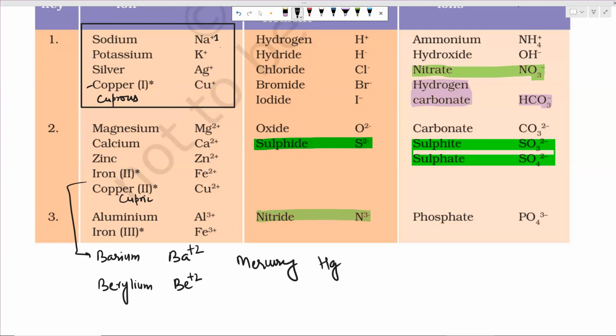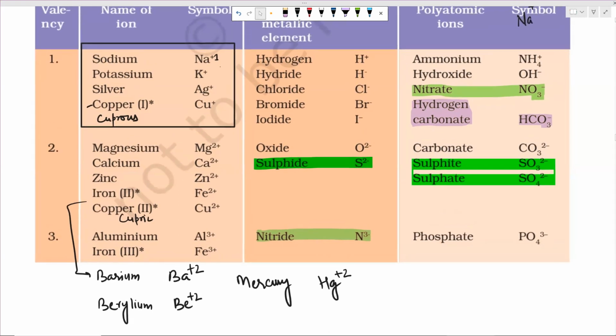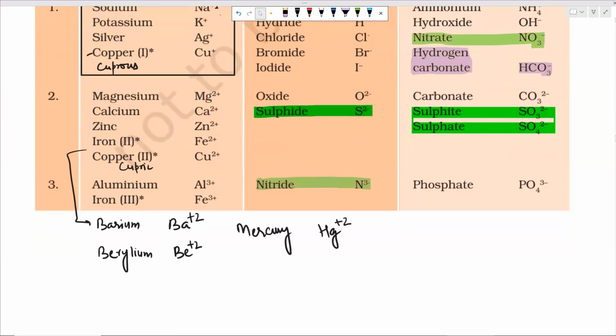Mercury is Hg 2 positive. Lead is not given. Lead is Pb, Pb 2 positive.